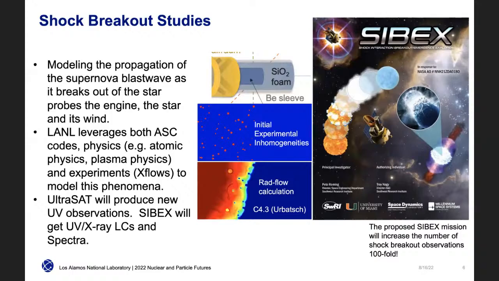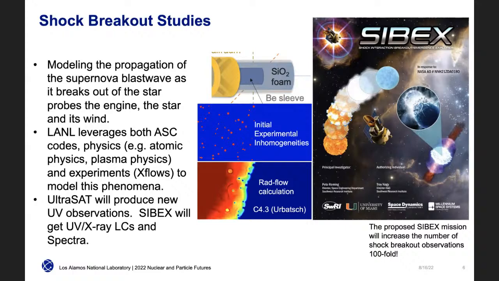But the Psydex mission is a mission designed to observe the shock breakout. It not only gets the ultraviolet, it gets the X-ray, it gets spectra. It'll start to help constrain all these uncertainties we have in the shock breakout arena.